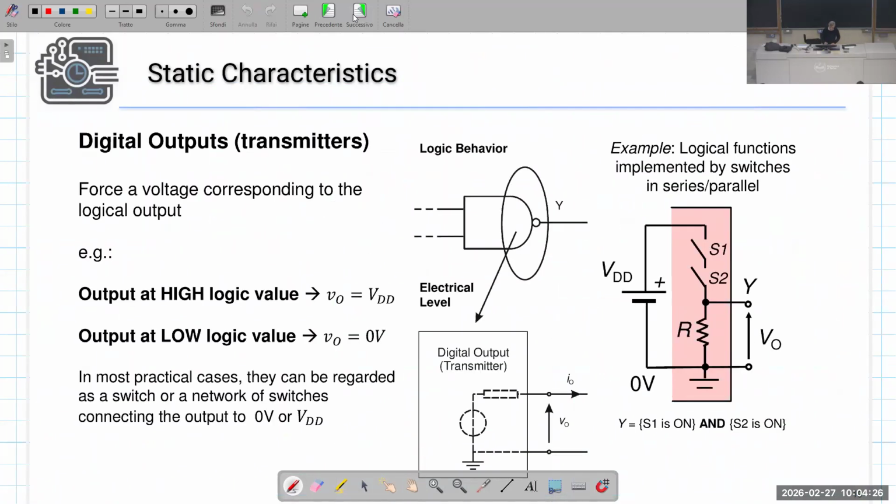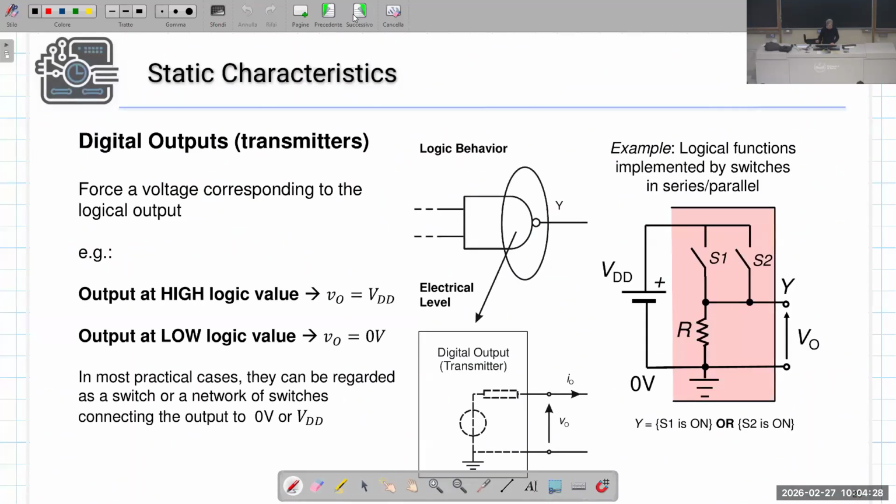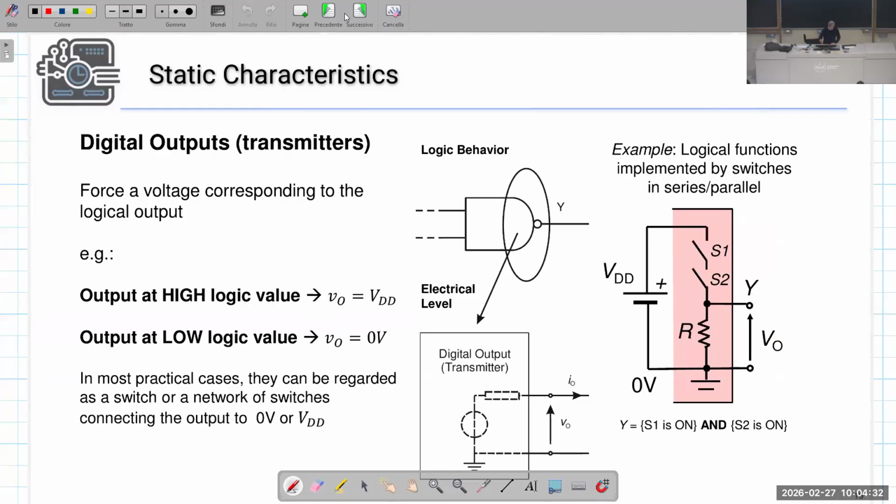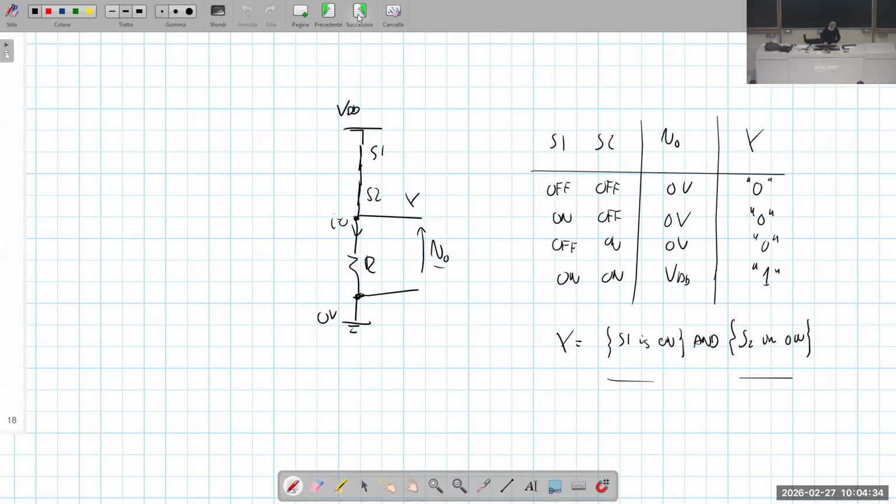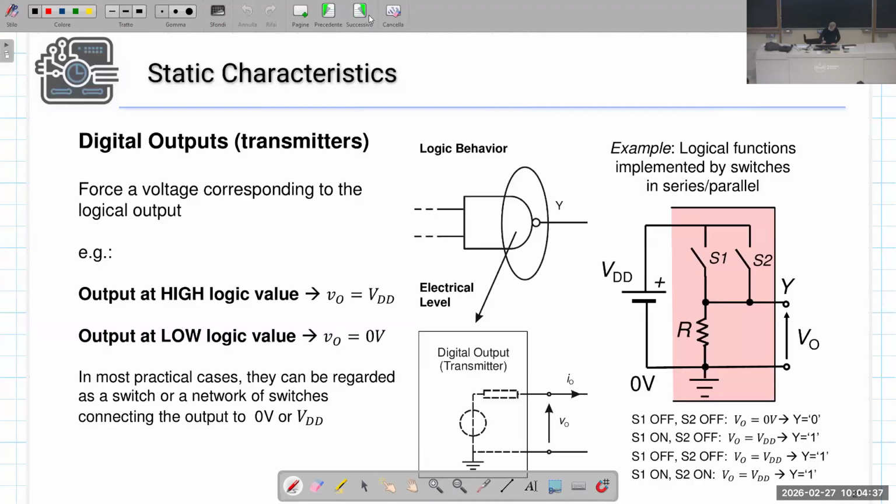So this is the example I have considered before. What about this case presented here? If we have two switches and the resistors connected, with the two switches connected in parallel between the supply and the output, this implements the OR function.